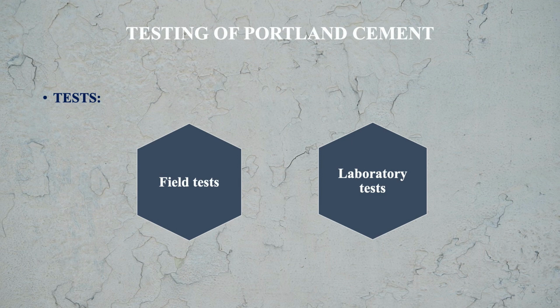Now, let us start with the testing of Portland cement. As I told you in our last lecture, there are two types of tests to be done on the cement. First is field test that we discussed in our last lecture. Today we will discuss laboratory tests.